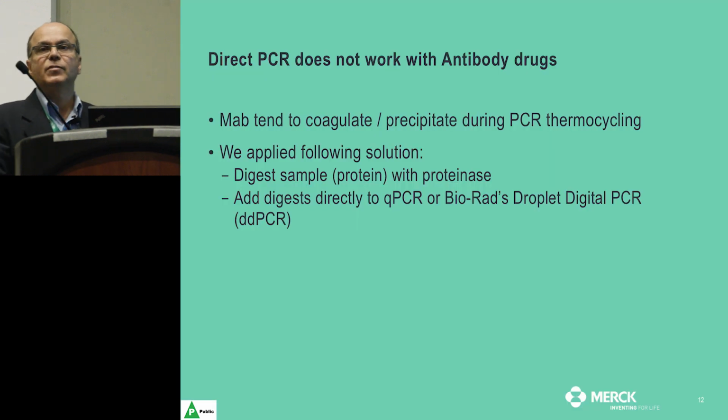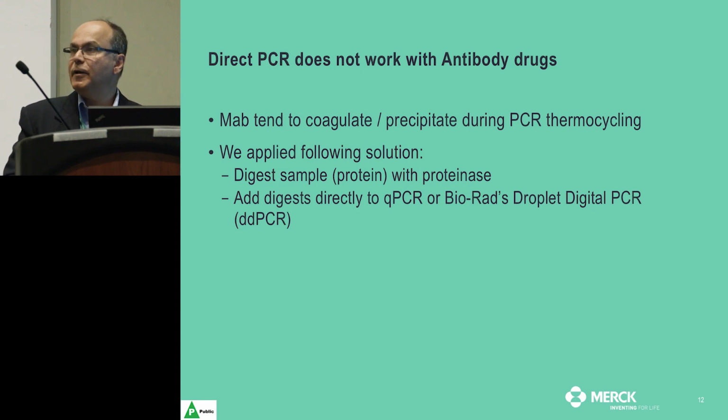However, the direct method doesn't work with monoclonal antibody. So we have tested interferons, insulin, modified insulin, Fc fragments with E. coli and Pichia host because that's where they are made.